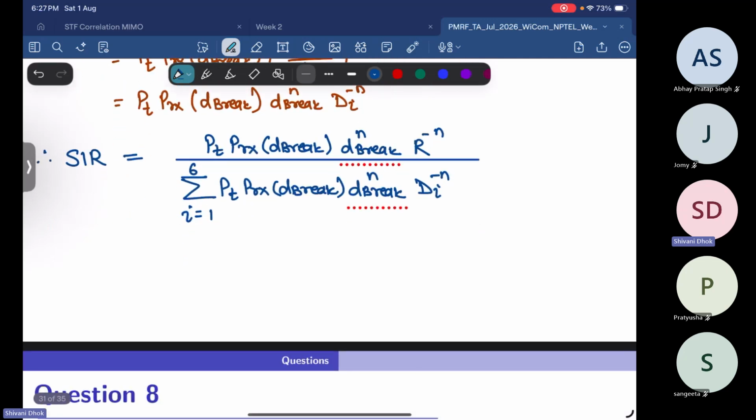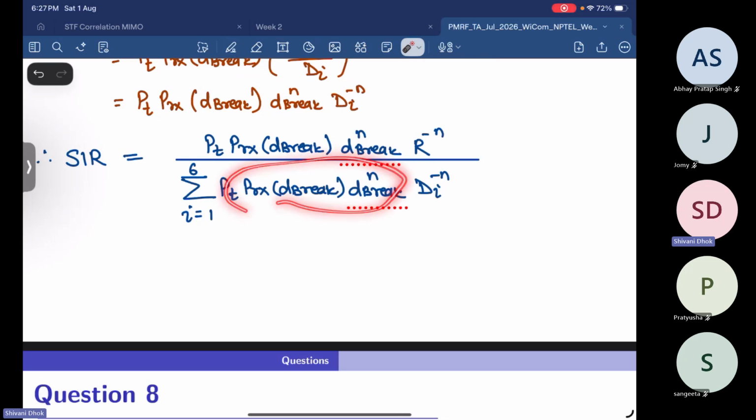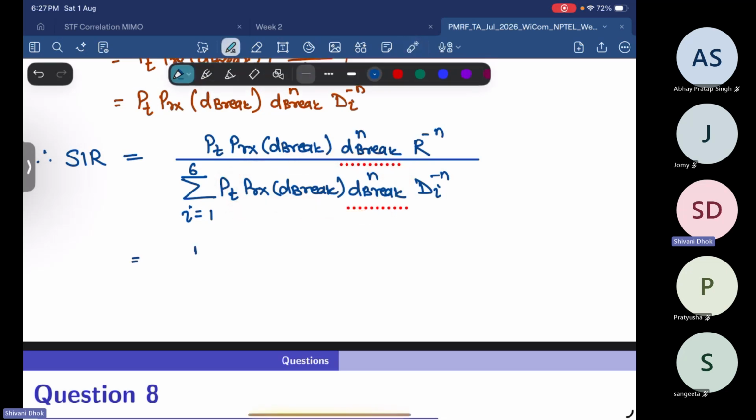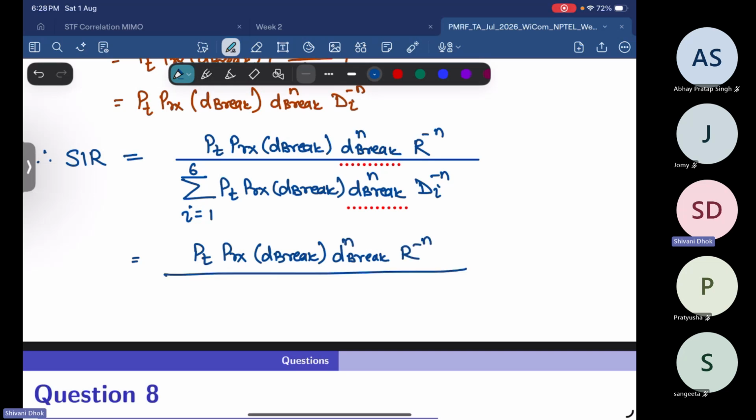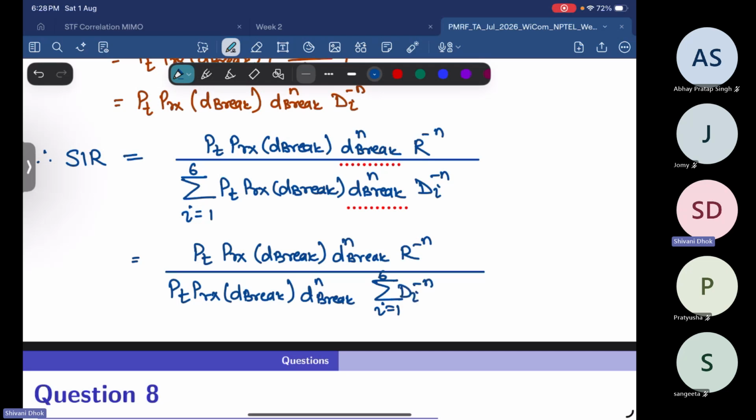Now from the denominator, I can pull out these factors. These are common. So this is equal to PT into received power at breakpoint into d break to the power n into r to the power minus n, whole divided by PT into received power at breakpoint into d break to the power n into summation i equal to 1 to 6 di to the power minus n.